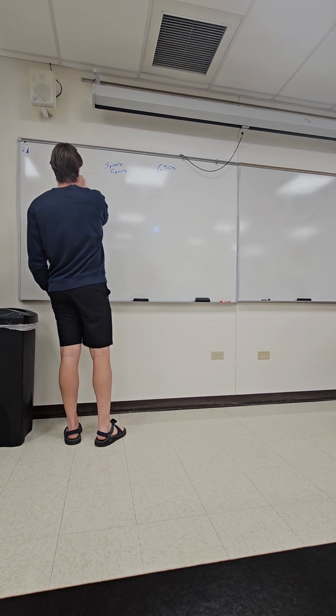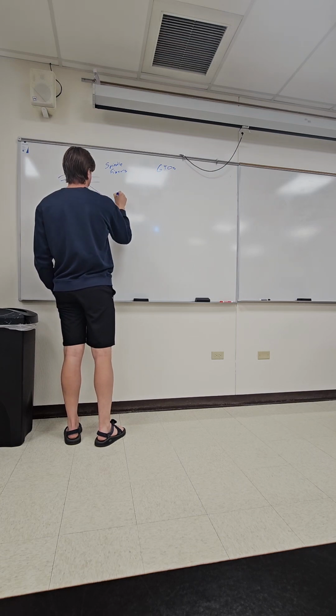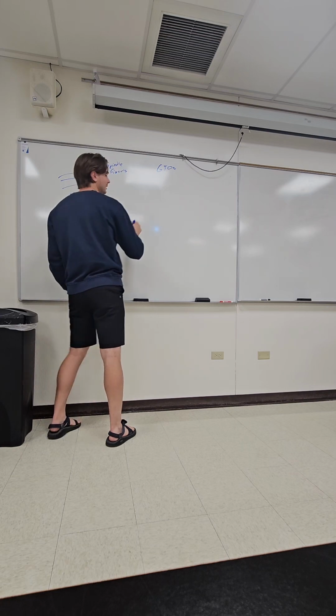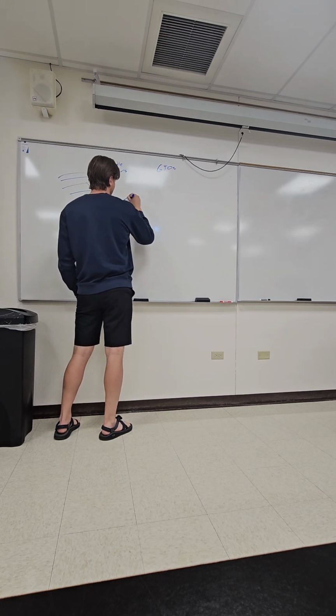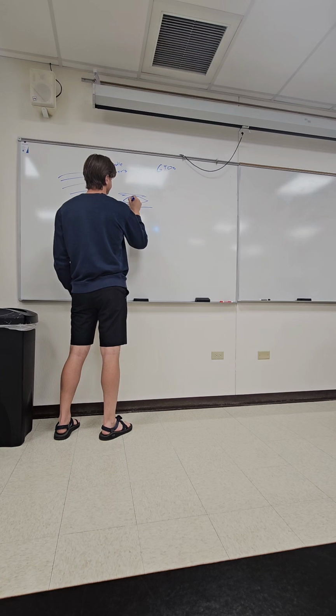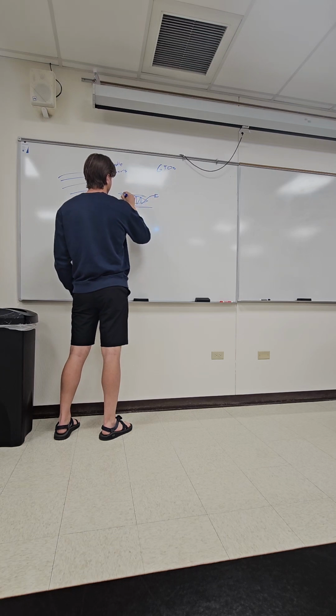Within our muscle, we have the muscle spindle apparatus. We have two types of fibers: bag fibers and chain fibers.